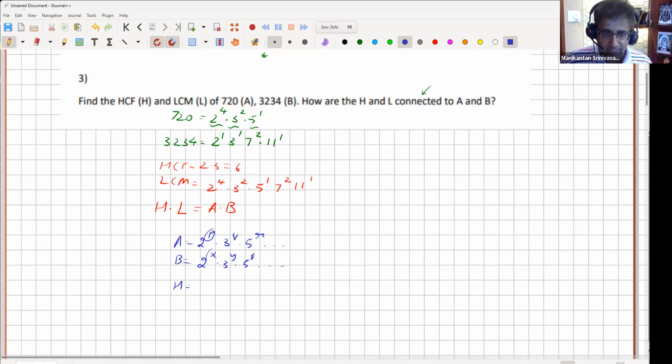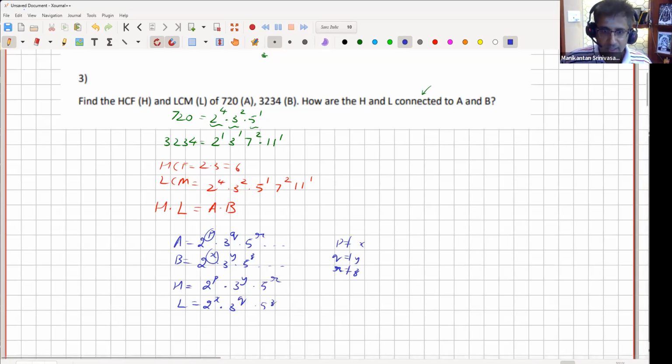For now, let's assume all of these are not equal: p is not equal to x, q is not equal to y, r is not equal to z. So let's say the minimum is p, then the maximum will be x among the two. It will appear in the LCM. Let's say the minimum between y and q is y, and the maximum is q.